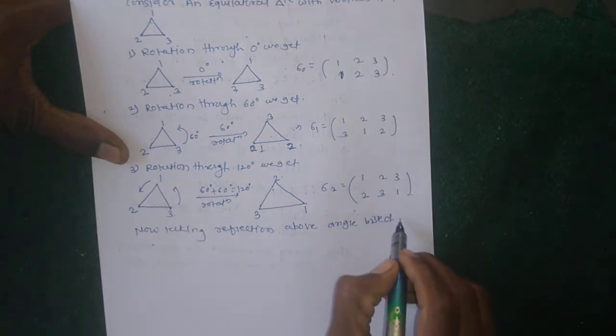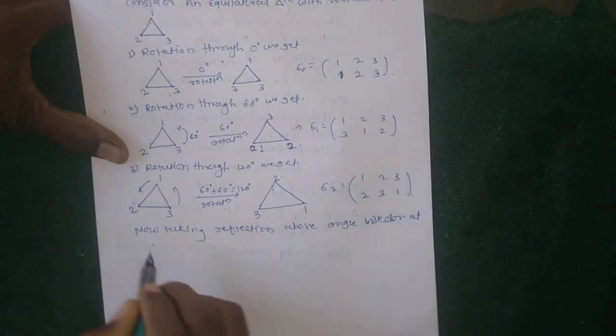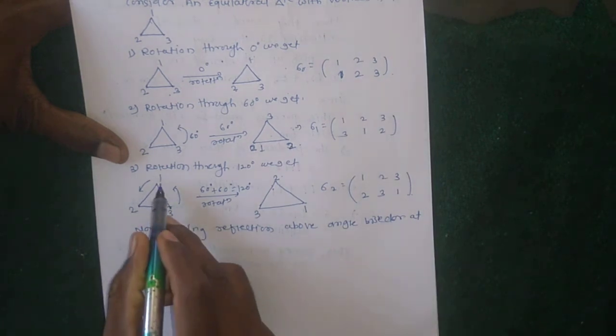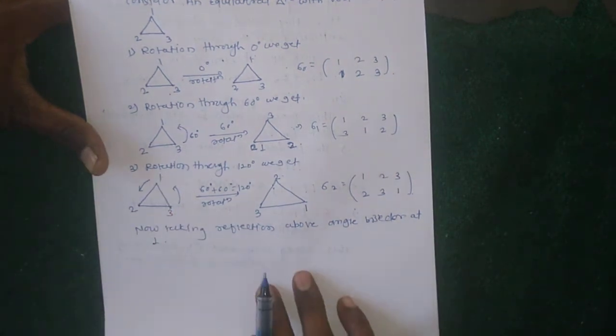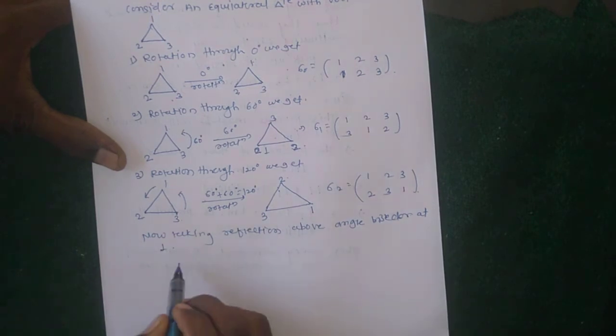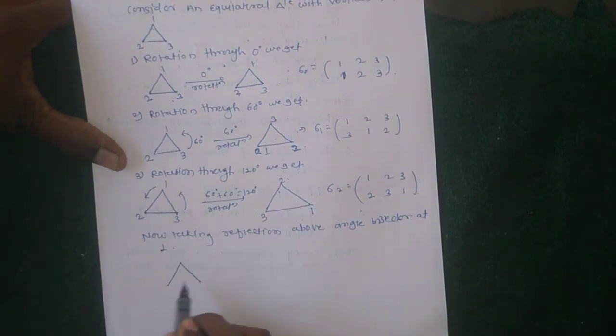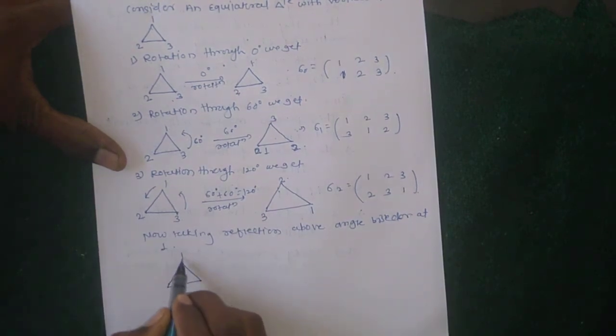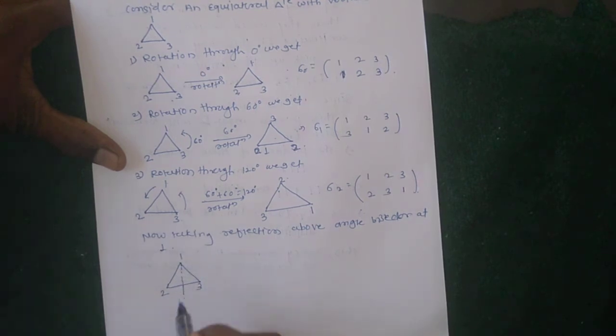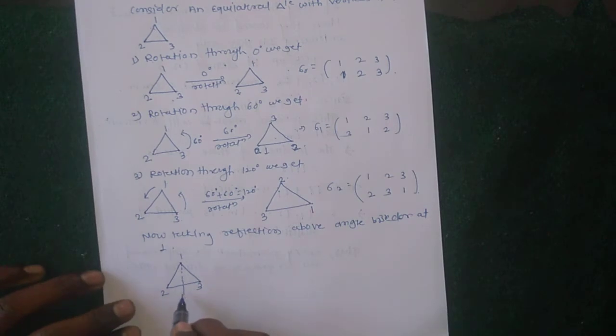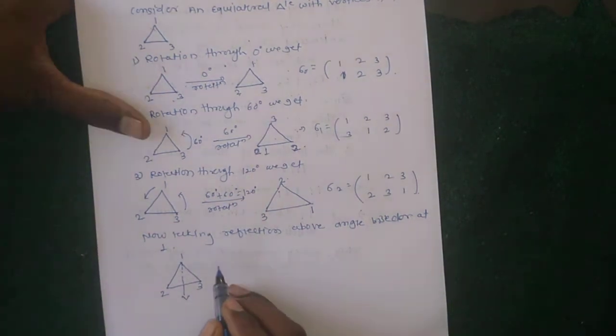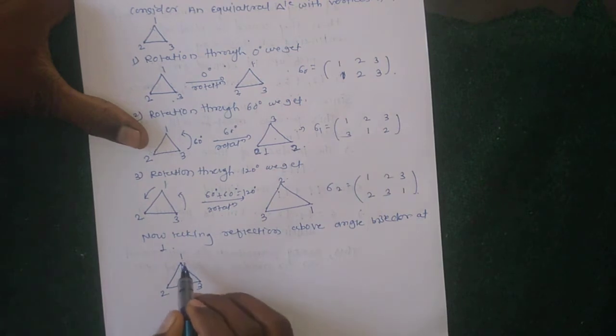Reflection above the angle bisector at 1 means 1 has its position on the bisector of this triangle. Then this triangle is bisecting 1 2 3. Bisecting this triangle means reflection through 1, then 1 has position 1.